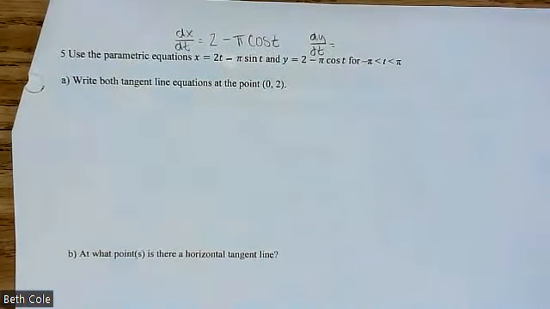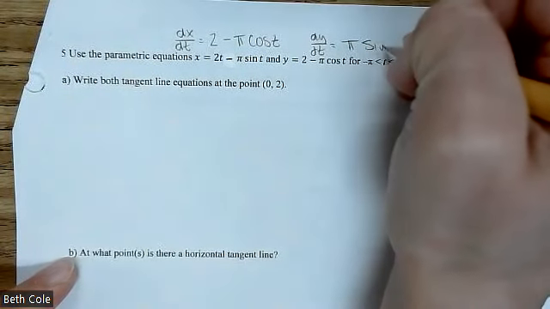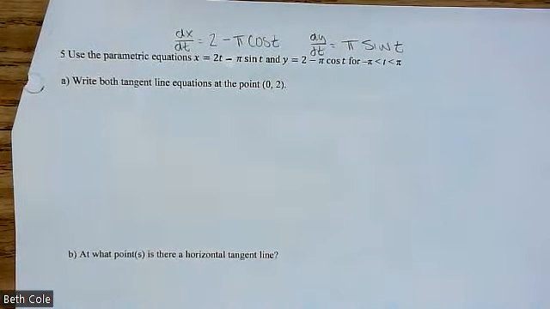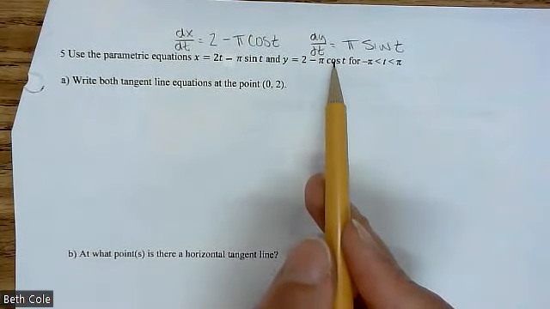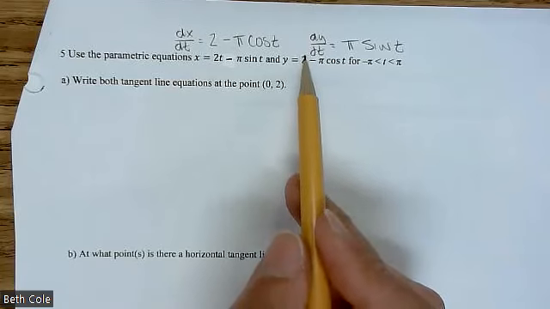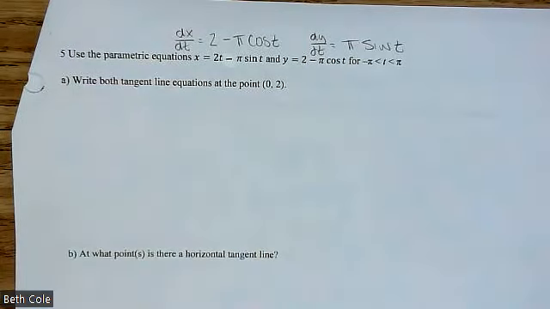Pi is just a coefficient there. Remember, pi is just a number, 3.14. So it just is the coefficient, right? So 2 minus pi cosine t. Derivative of y. Good. And why is it positive? The negative sign. Good. Derivative of cosine would be negative sine. Negatives cancel. And what happened to this 2? Yeah, it's a constant, so it's gone.